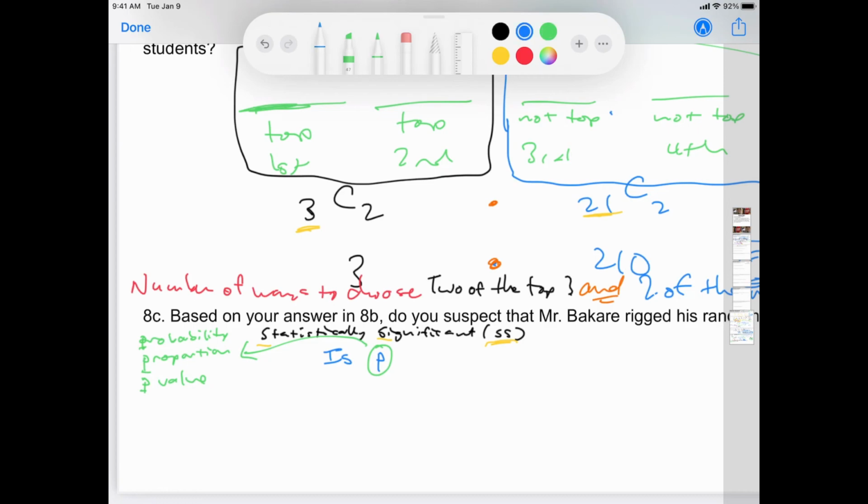Is the p-value smaller than 5%? This is a general rule. If the answer is yes, then we would say it is statistically significant.